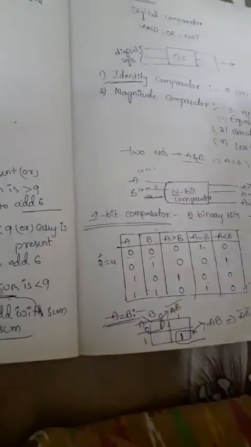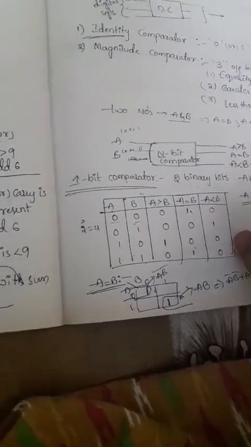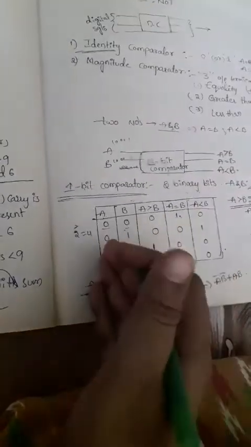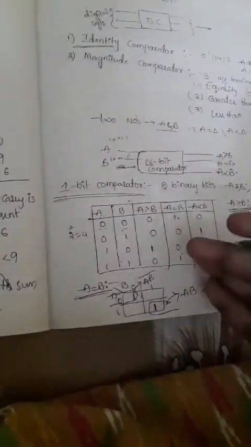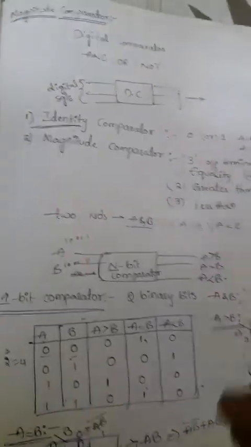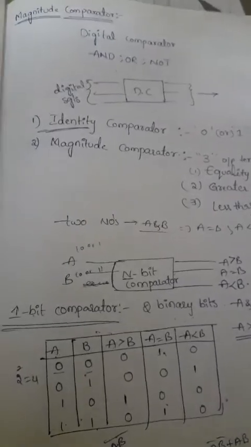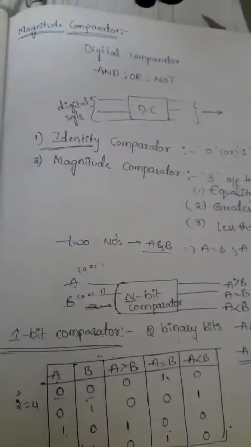But if you want to write the Boolean function or make the truth table for the 2-bit or 4-bit comparator, compulsorily we need to follow the basic steps of the 1-bit comparator. This is the introduction part, that means what classifications we have and how many parts we have. In the next class we will discuss the 2-bit comparator and 4-bit comparator. Okay, thank you.